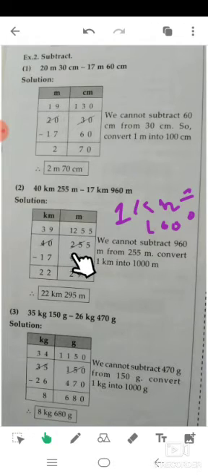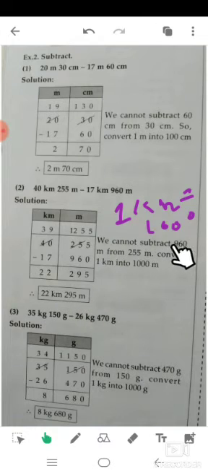So 1000 plus 255 is 1255. Now it's easy to subtract. 1255 subtracted by 960, the value is 295. Now here is 39. 9 subtracted by 7 is 2. 3 subtracted by 1 is 2. Therefore the answer is 22 kilometer and 295 meter.